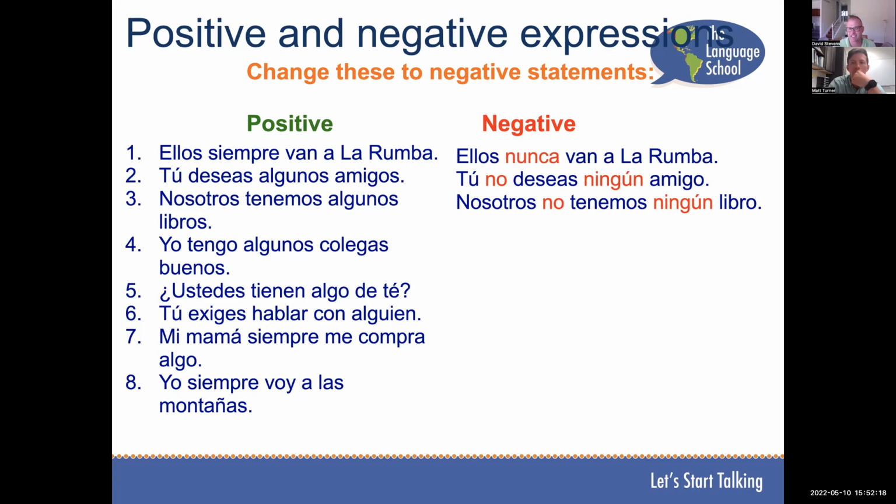Nosotros no tenemos ningún libro. Does that make sense? Sí. Yeah. Okay. Yo tengo algunos colegas buenos. Yo no tengo ningún colega bueno. Muy bien.